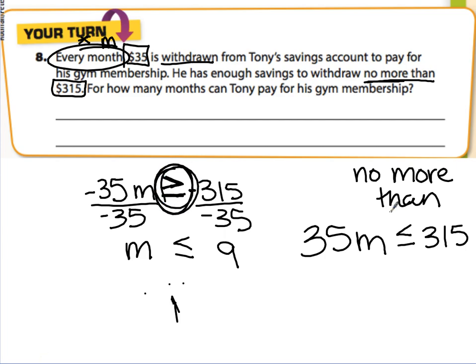This makes sense in my mind when it comes to the verbiage. So "no more than" would be the less than or equal to sign. And you divide both sides by 35. M can be less than or equal to 9. All right?